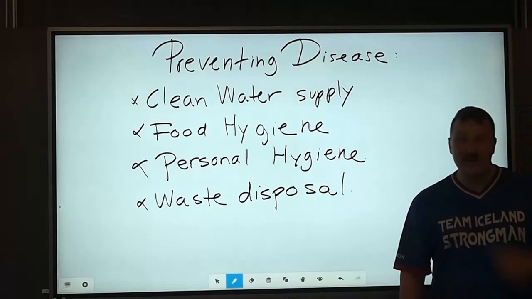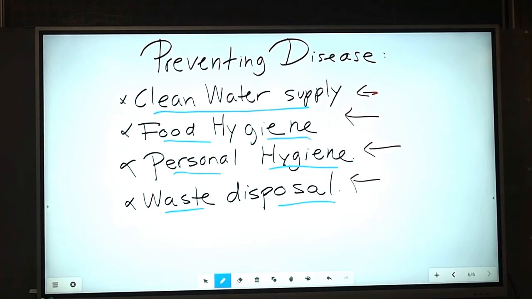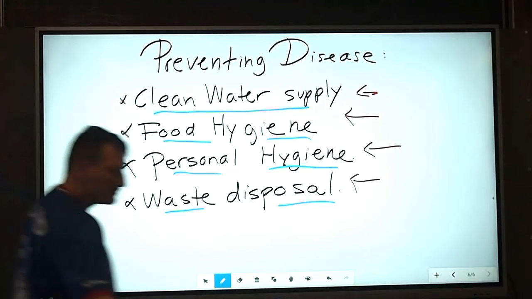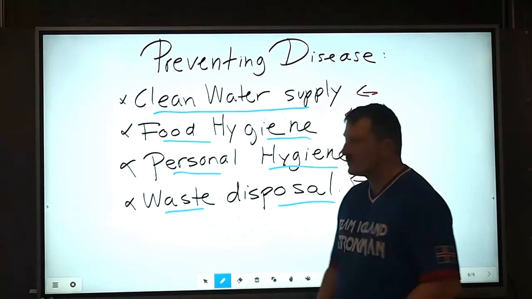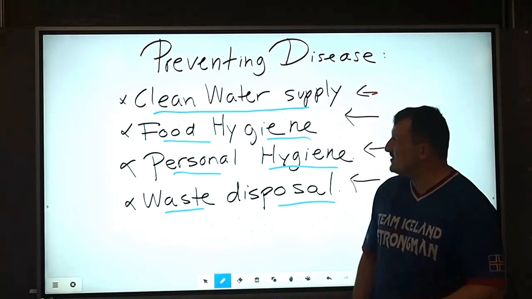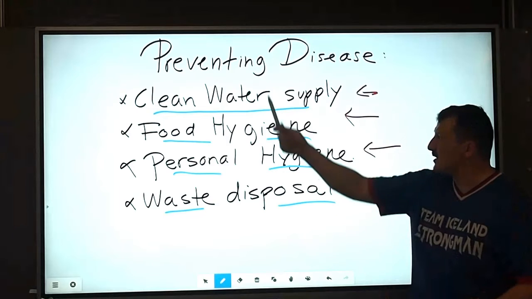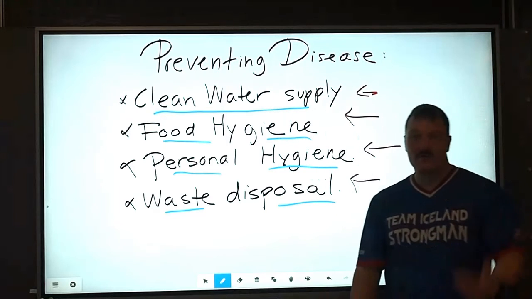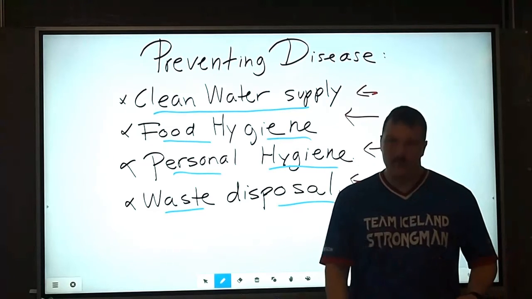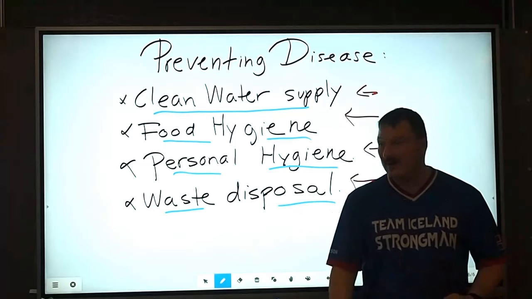And I'll go over them in a little more detail. So for preventing disease from spreading, we need four things. We need a clean water supply. Dirty water is an important vector for many kinds of diseases.